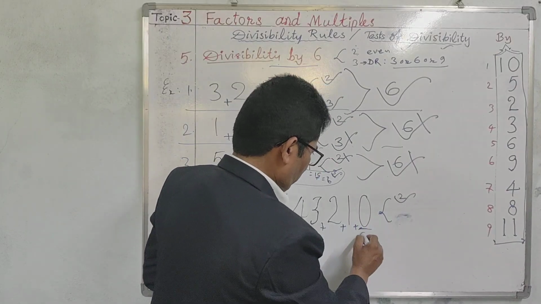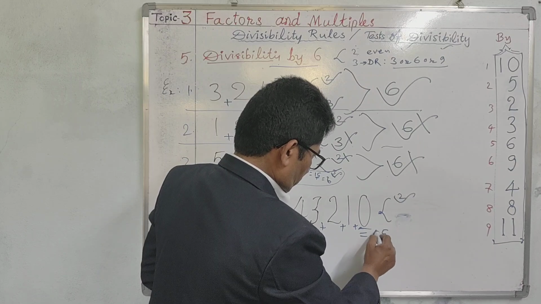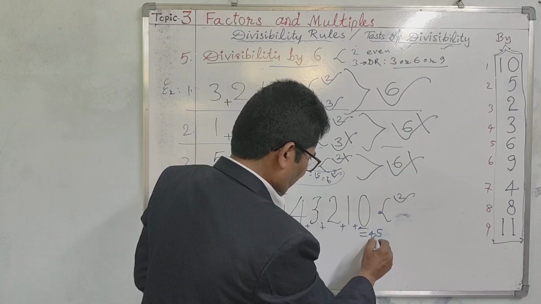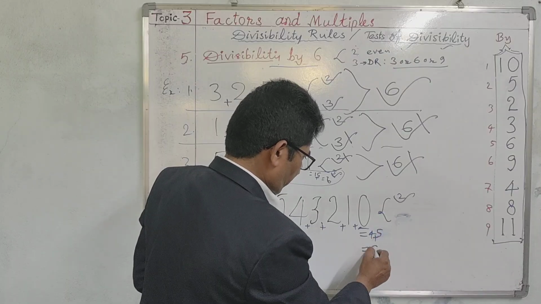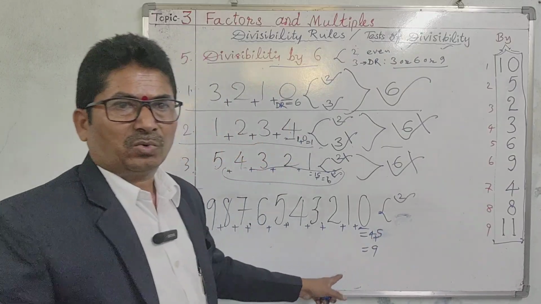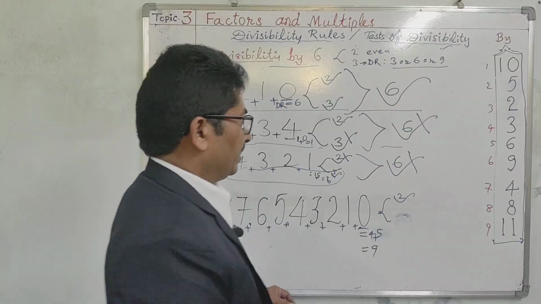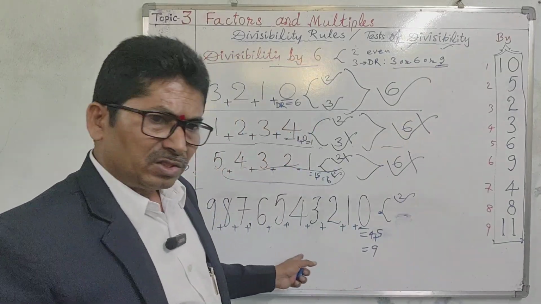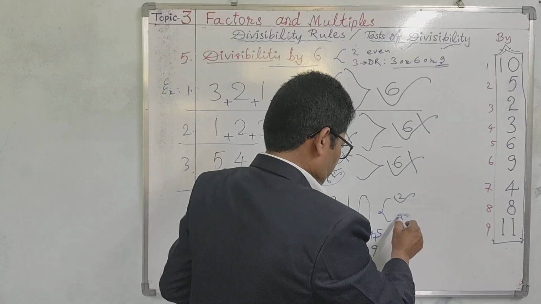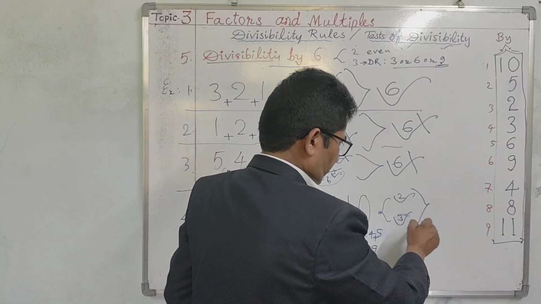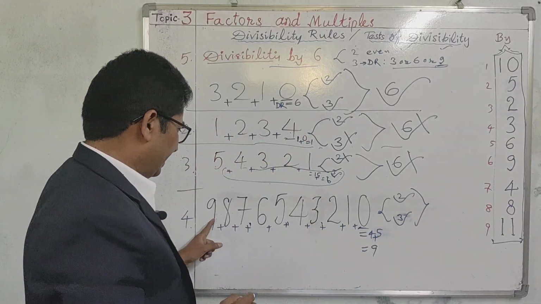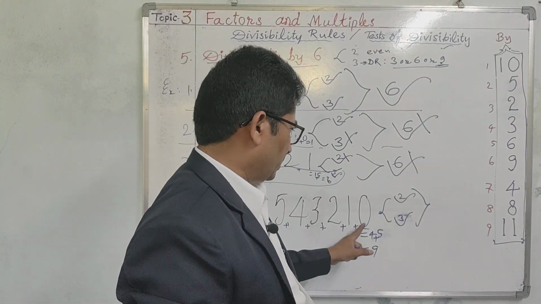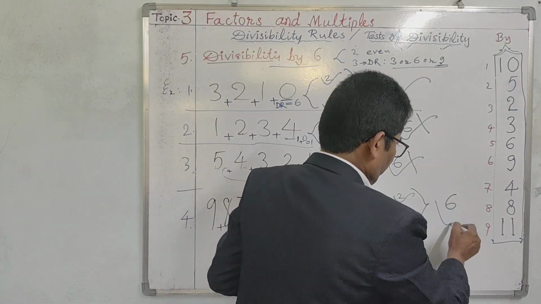So we did not get a single digit, we have 45. Again we have to add 4 plus 5, 9. So the digital root is 9. That's why this is exactly divisible by 3. So that's why this 987 crore 65 lakh 43,210 is also exactly divisible by 6.